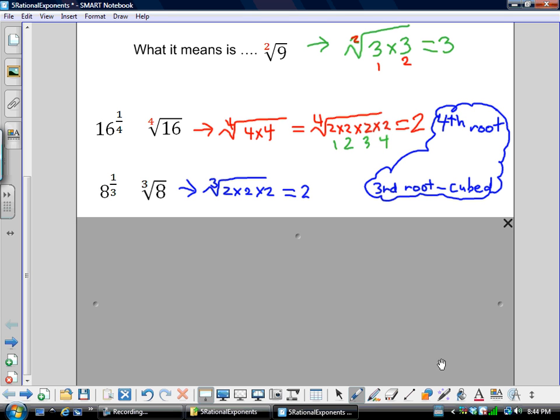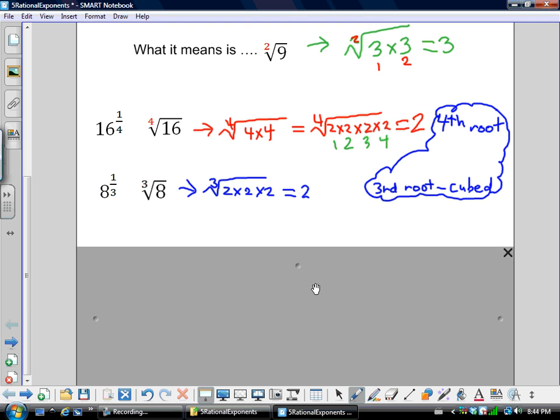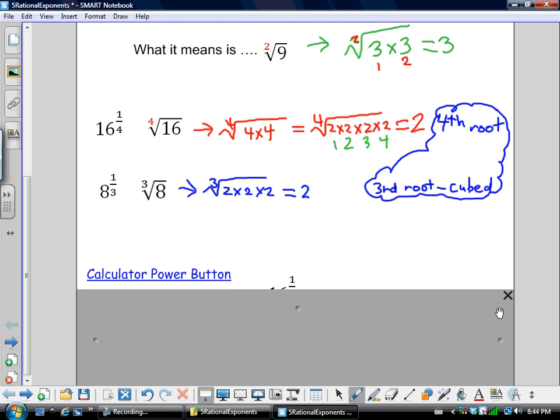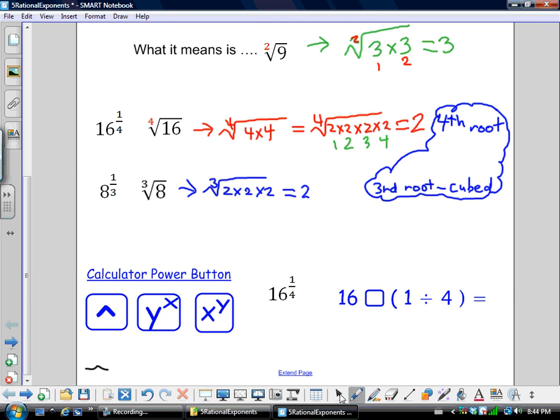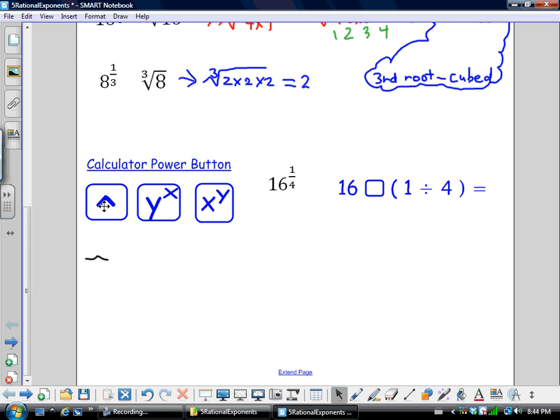Now, how can I use my calculator to deal with these numbers? Well, first of all, you know that you have a power button and it'll be one of these three. It depends on your calculator. So if I wanted to calculate 16 to the 1/4, the way I would key it in to my calculator is I would go 16, I would use one of these power buttons, bracket 1 divided by 4, close the bracket.